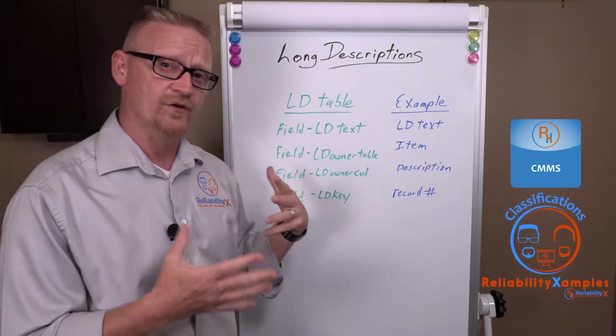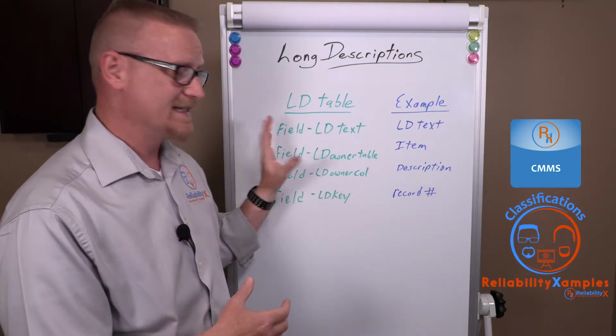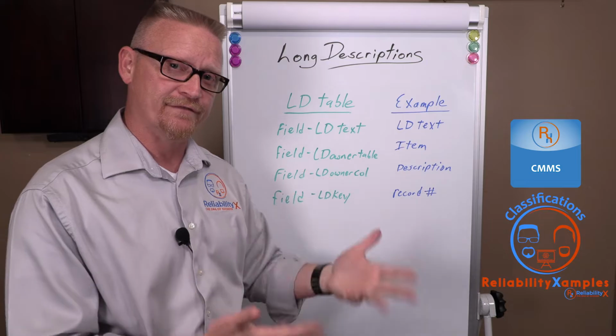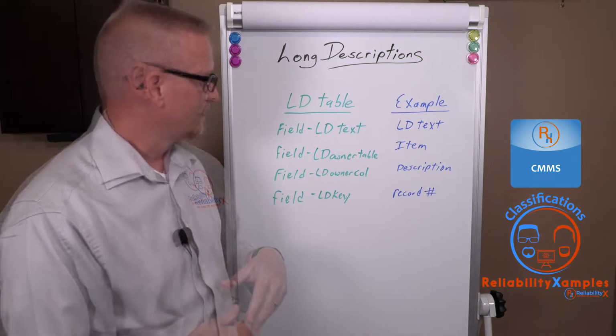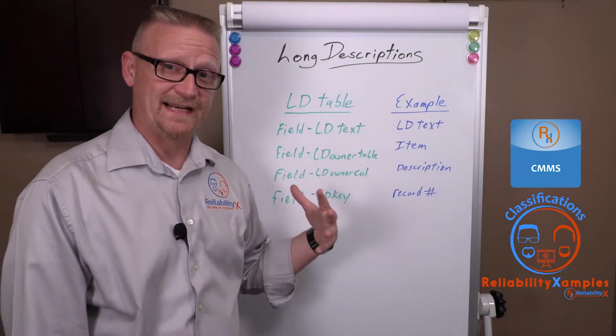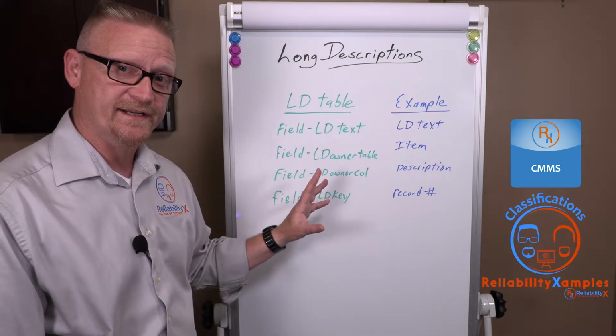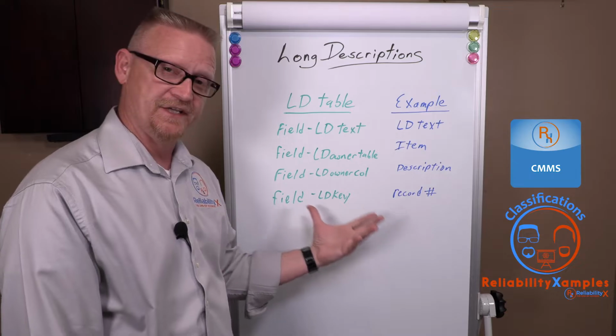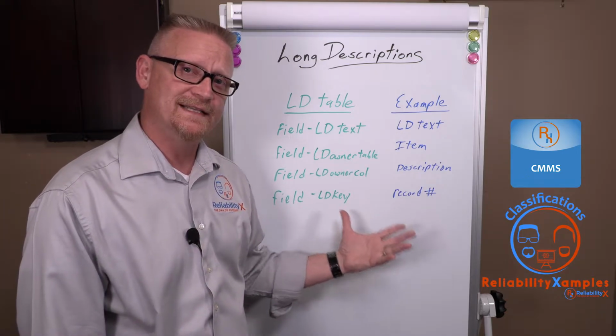Now you have to add on to that the fact that this table houses every long description. Okay, so if you think it's extensive to just pull that data out and write the query, think about how much information sits inside of this one table.